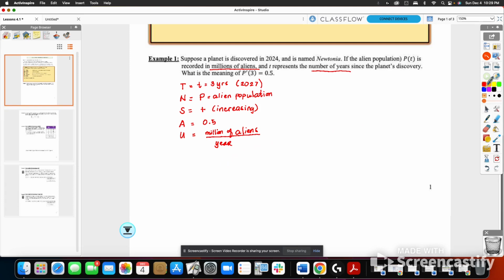So let's write down the interpretation following this acronym TNSAU.